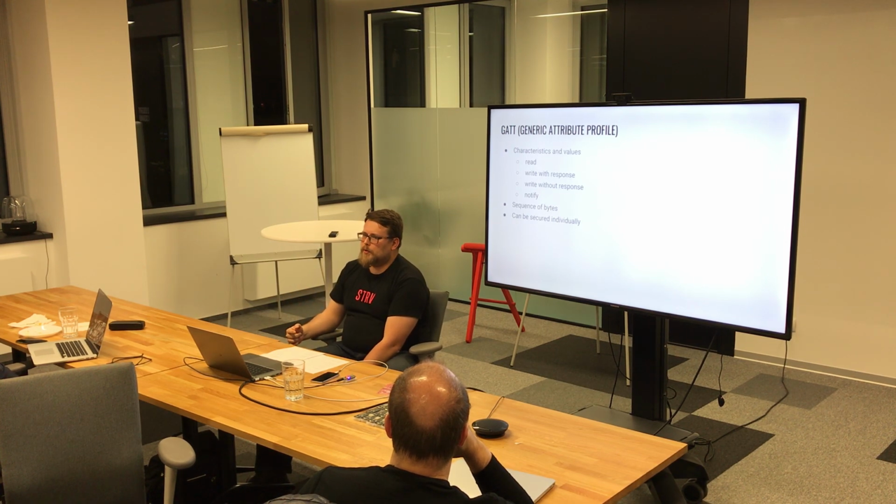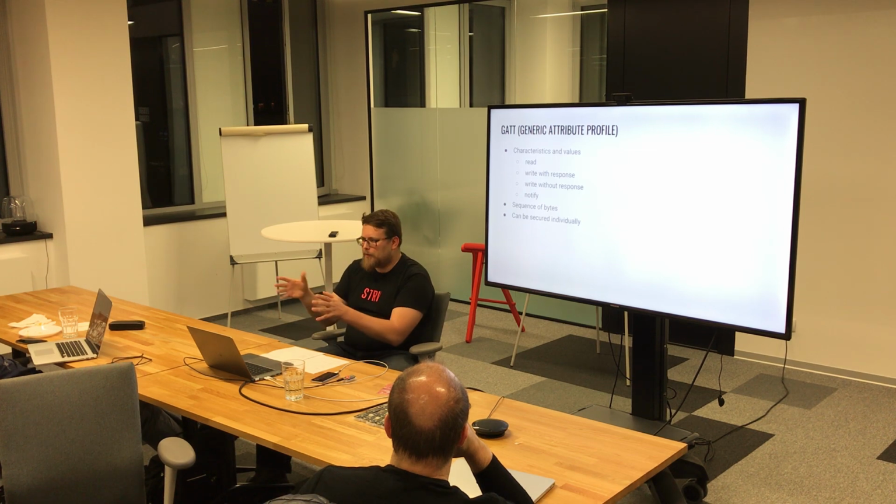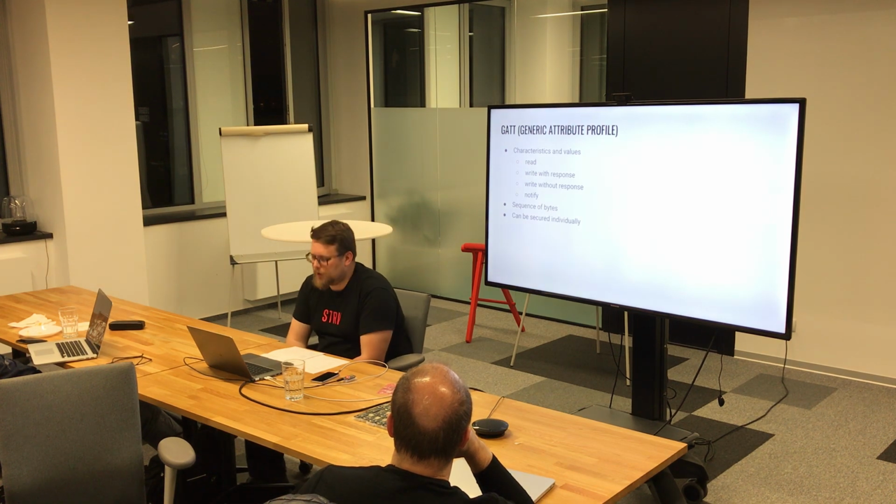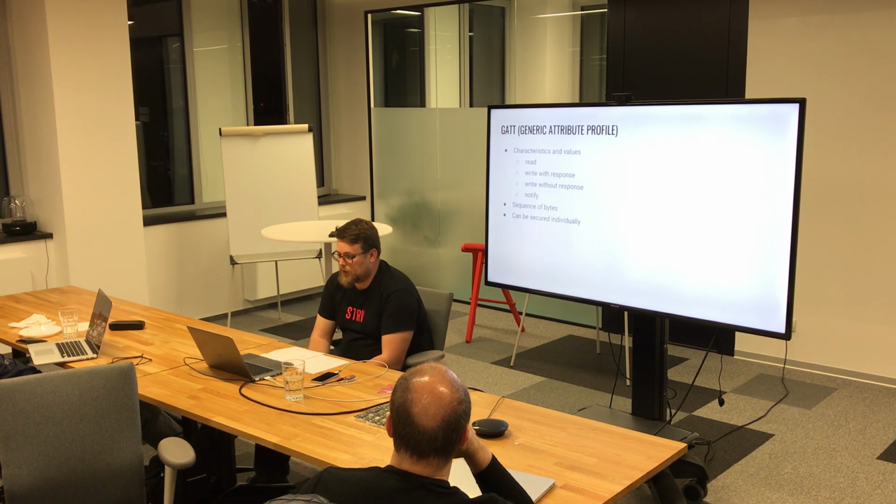So this is also a pretty nice way how to save energy, because the device can be in sleep mode, and if something happens, the device wakes up and sends a notification to Central, and Central can process it.